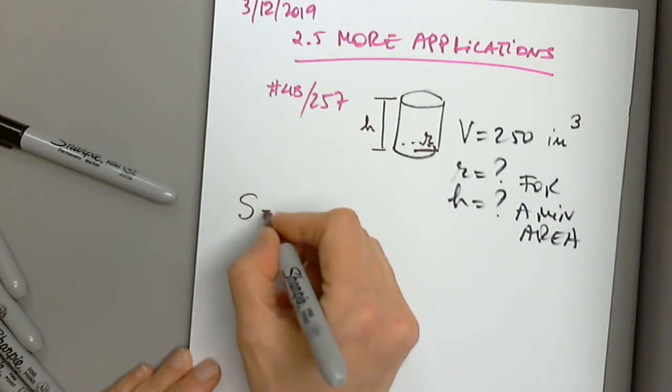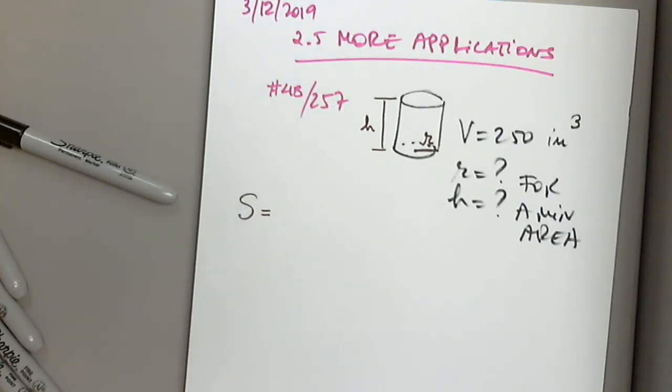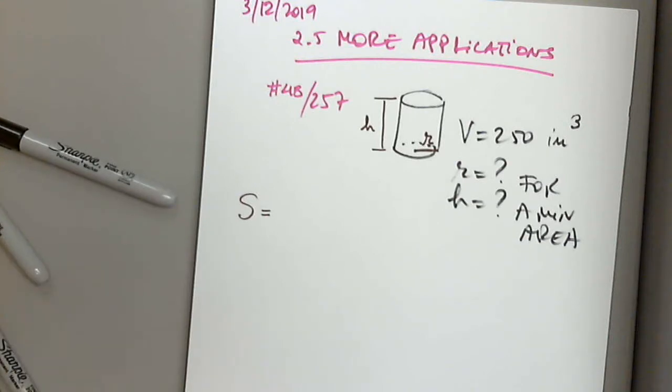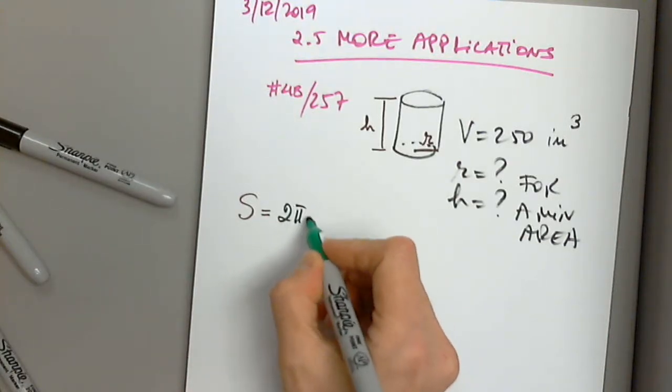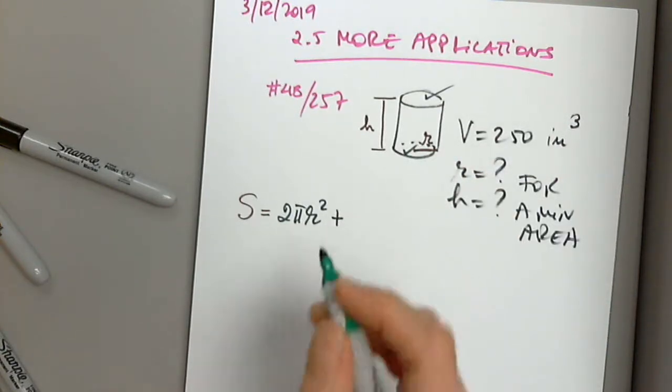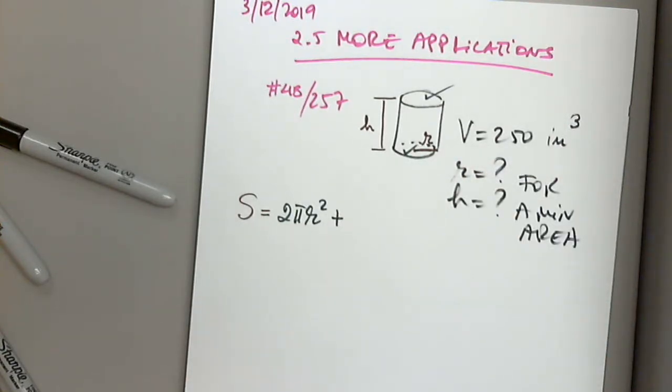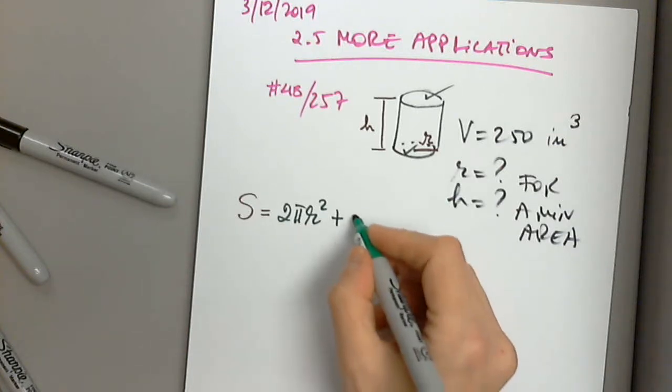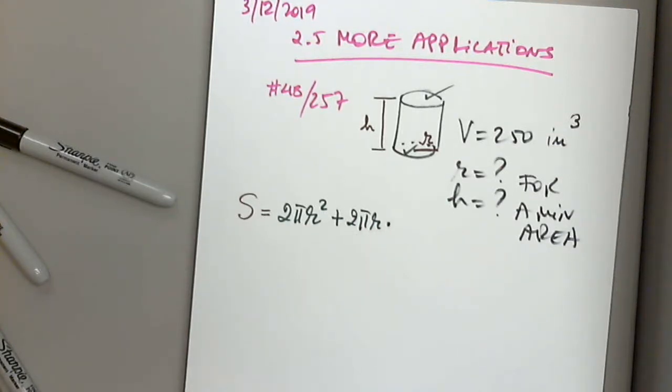So the surface area for the can, or whatever container this is, will equal 2 pi r squared, the top and bottom, excellent, plus, one more time, the width of the base, 2 pi r, times the height, which is h. Very good, awesome. This is what I'm trying to minimize.